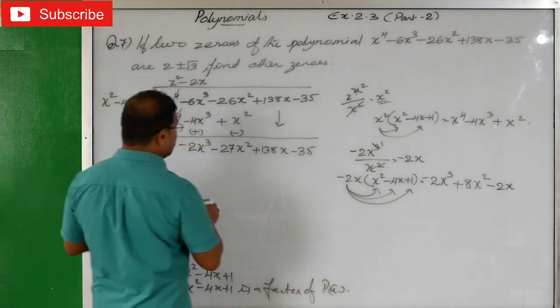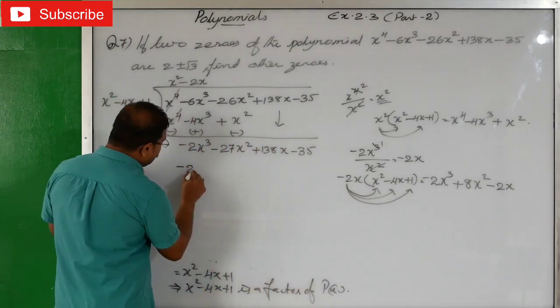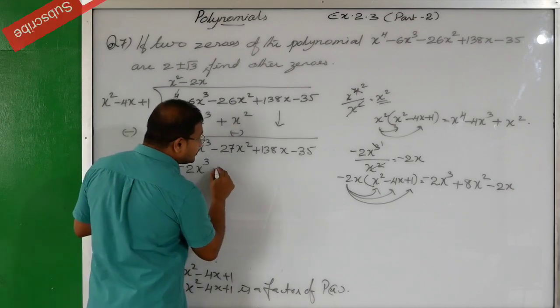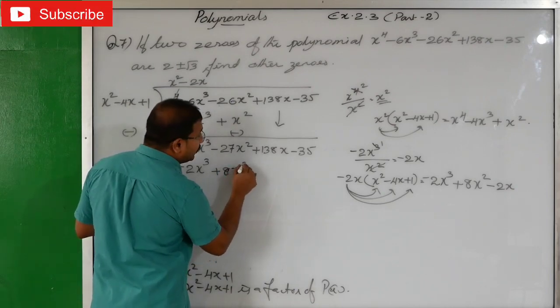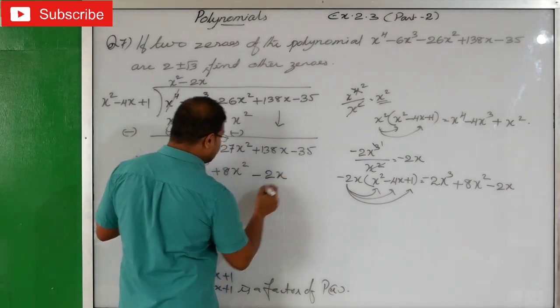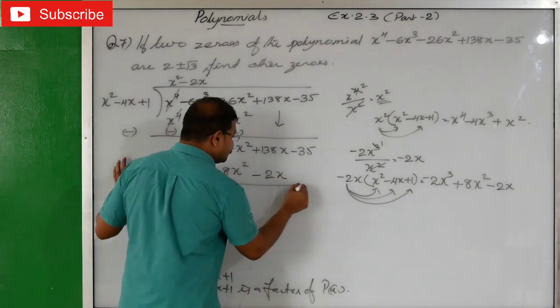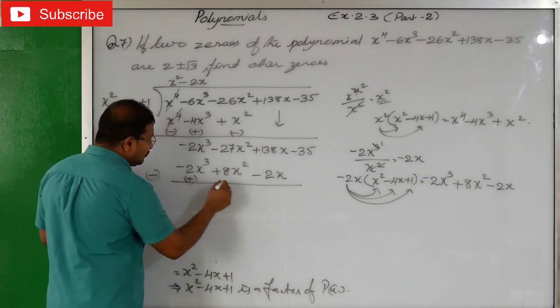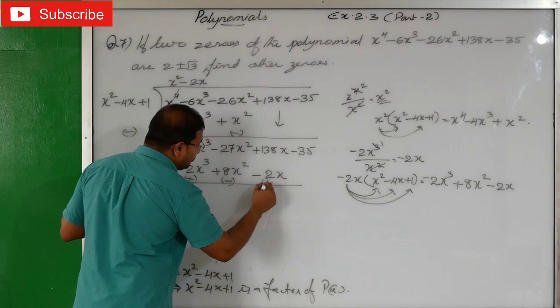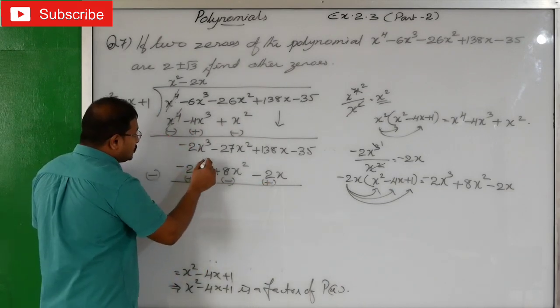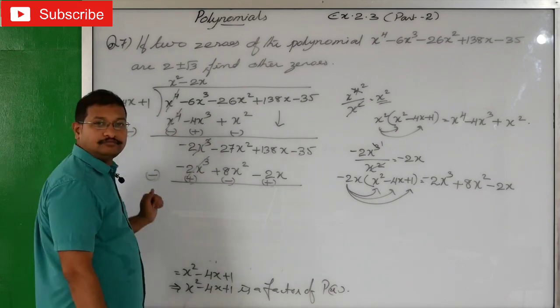Ready? So we'll write here minus 2x cube plus 8x square minus 2x. When you subtract, this minus will be plus, plus will be minus, minus will be plus. Ready? Minus 2x cube plus 2x cube will cancel.